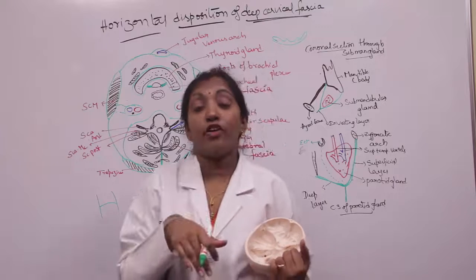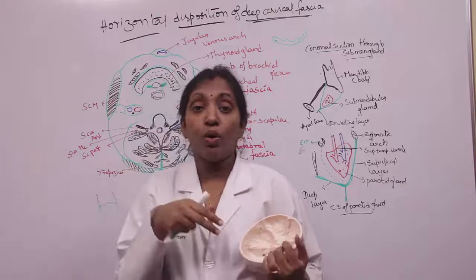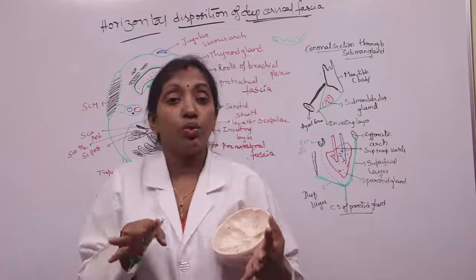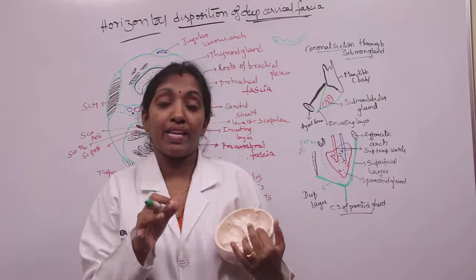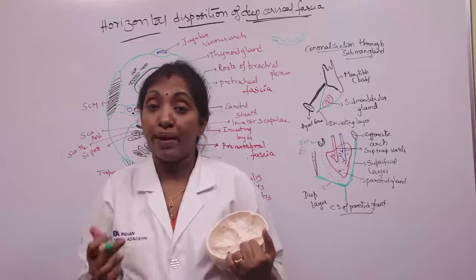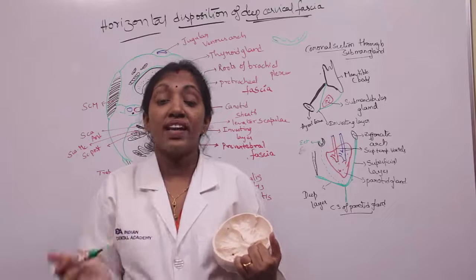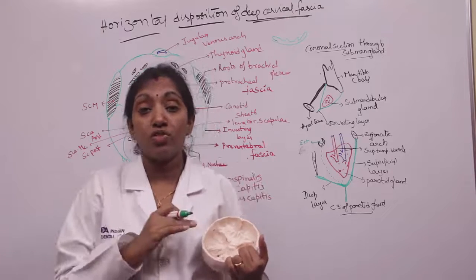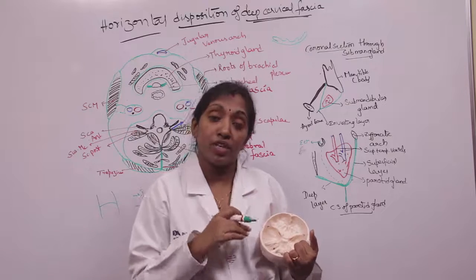So the investing layer of deep cervical fascia, below, splits into two layers to enclose one space, called the suprasternal space or space of Burns. These two layers are attached to the anterior and posterior borders of the manubrium sterni.